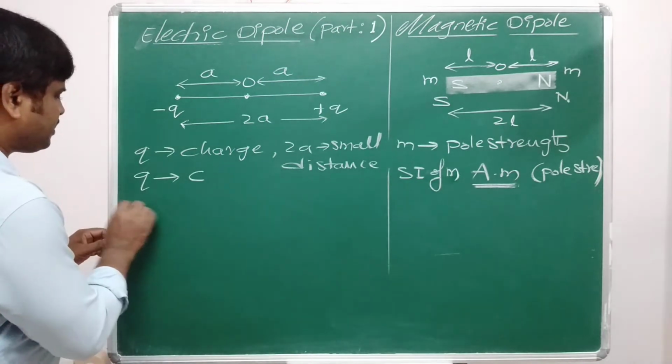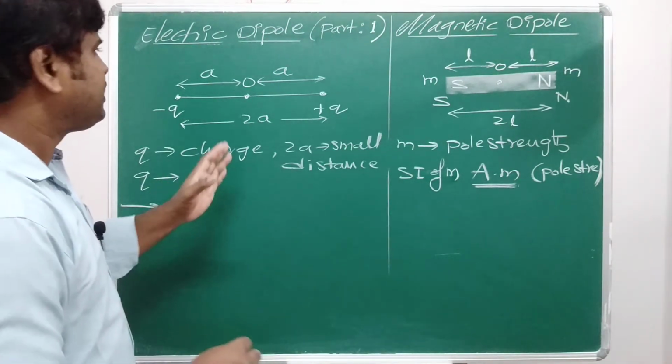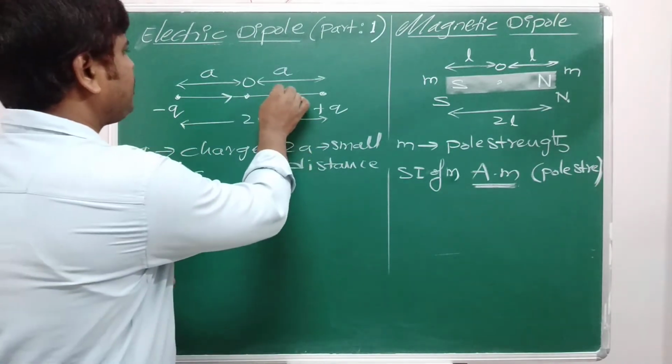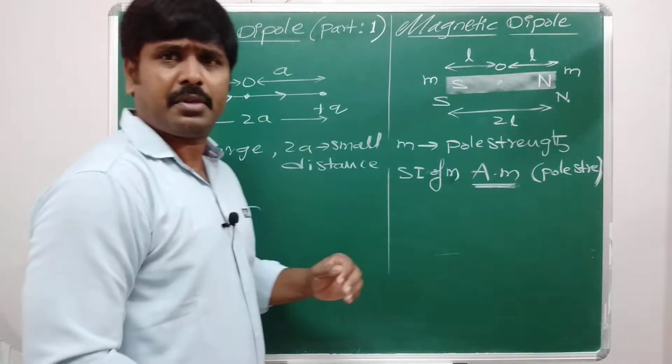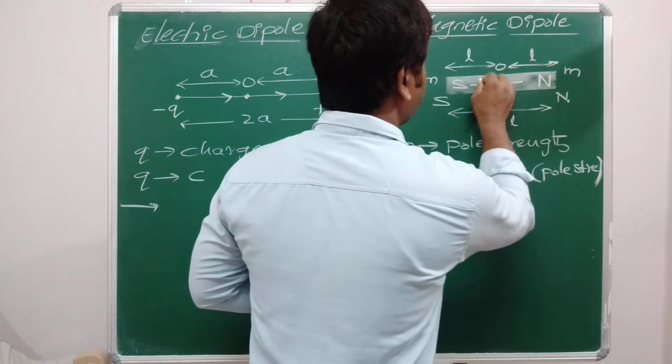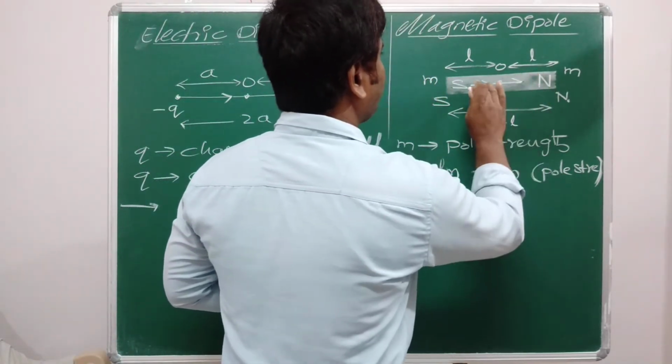And directions we can discuss. The electric dipole direction inside is from the negative charge to the positive charge. And here also the direction inside is from the south pole to the north pole.